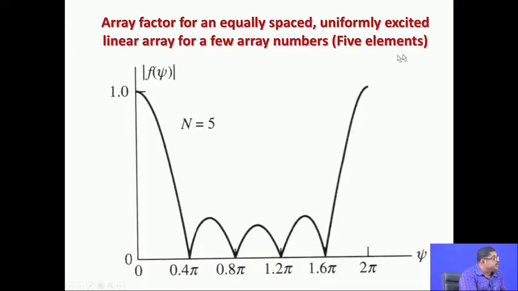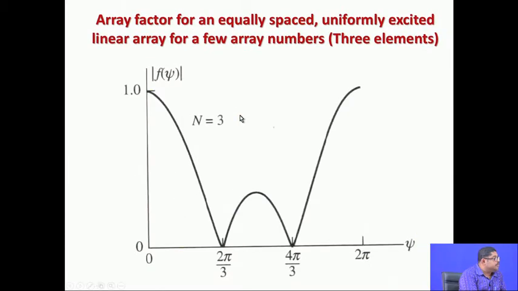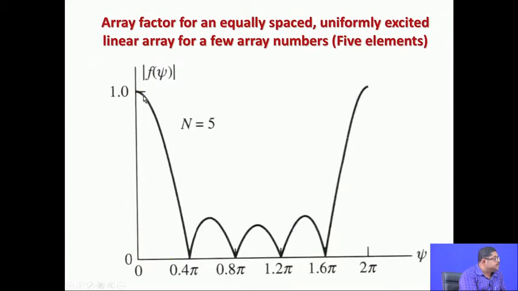Then if I do it for a 5 element array, n plus 1 is equal to 5. So, you see this is the array factor. Compared to the previous one, let me show the previous one, with n plus 1 equal to 5 the beam width is reducing.